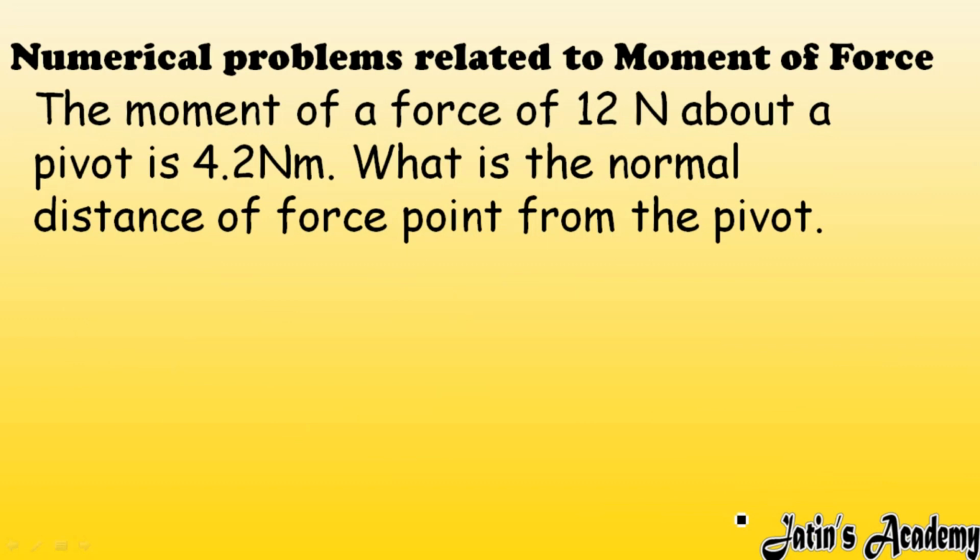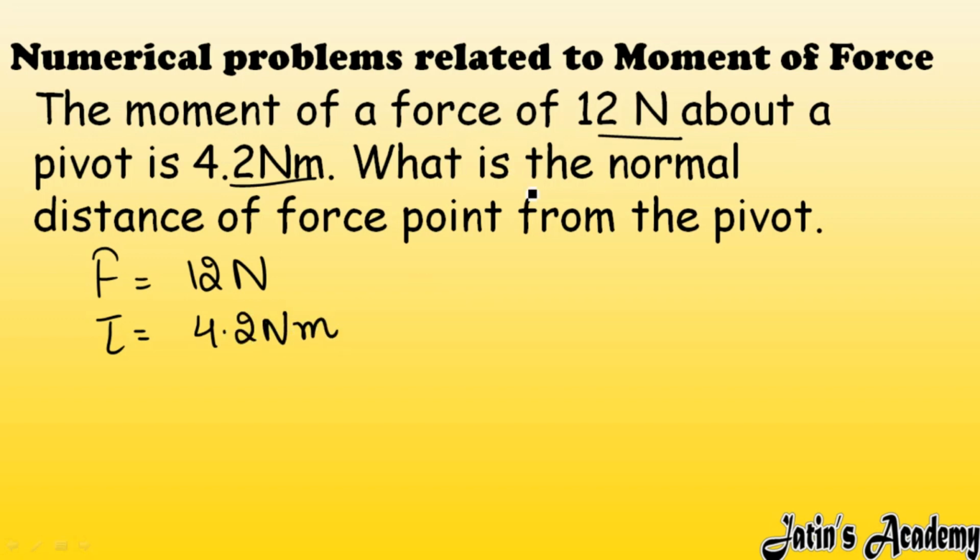Next we are having the next numerical. The moment of force of 12 Newton. Newton is given, means here force is given. So force 12 Newton is given, about a pivot, is 4.2 Newton meter. Newton meter means torque is given. Okay, 4.2 Newton meter. What is the normal distance? So distance D we have to calculate. As we know the formula, torque is equal to force multiply perpendicular distance.